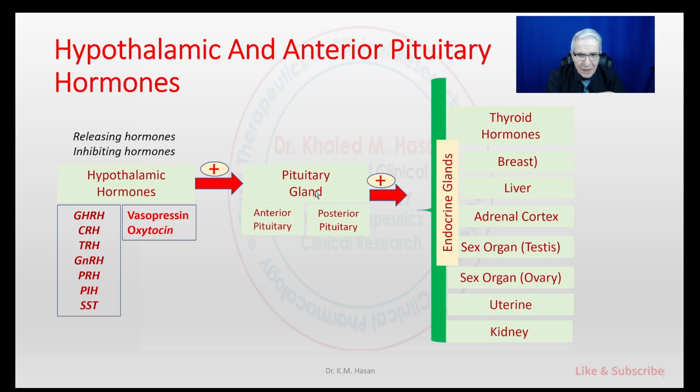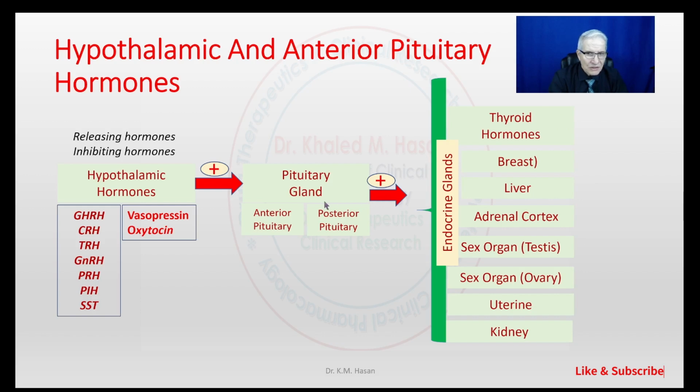When the pituitary gland is stimulated, this leads to stimulation of a list of organs in our body. You can see how many glands will be affected by the pituitary gland, which stimulates or inhibits a list of hormones.